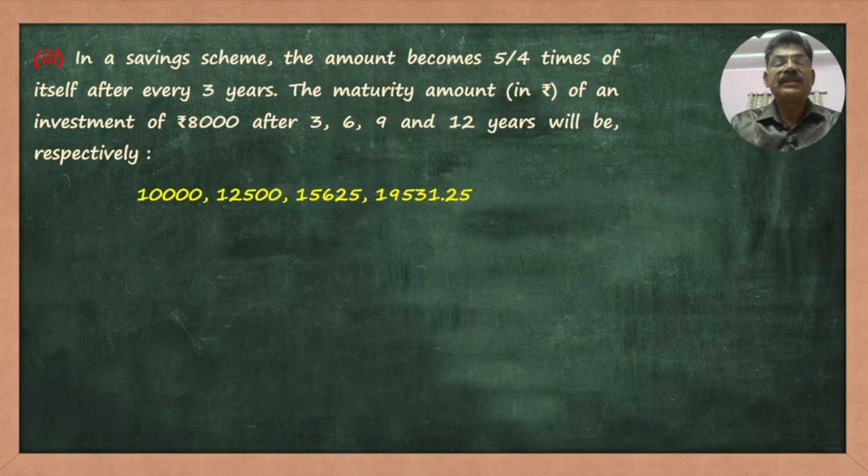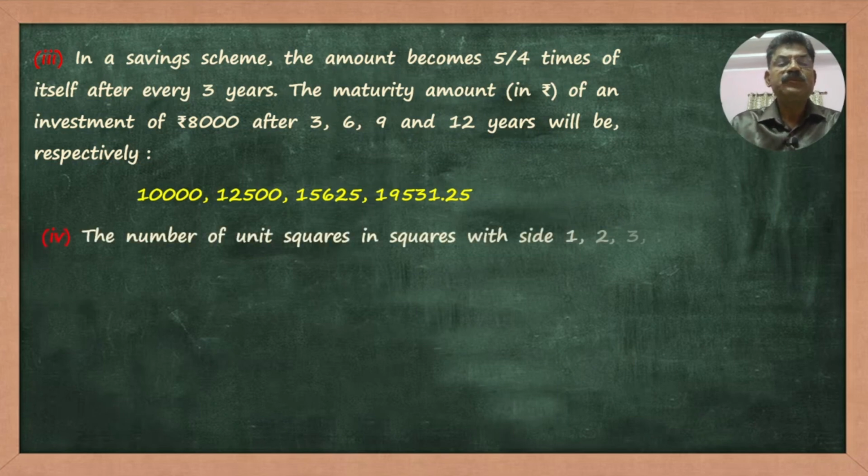If you look at the sequence of numbers carefully, 12,500 is obtained by multiplying 10,000 by 5/4. Similarly, 15,625 is obtained by multiplying 12,500 by 5/4 and so on. So each number is obtained by multiplying the previous number by 5/4. That is the pattern followed in the sequence of numbers.